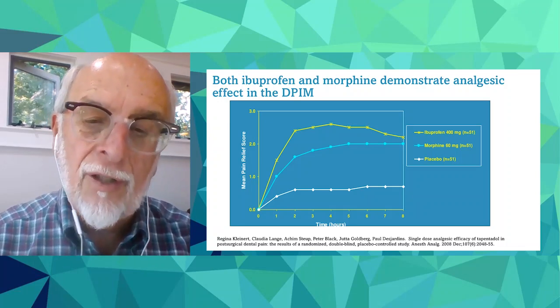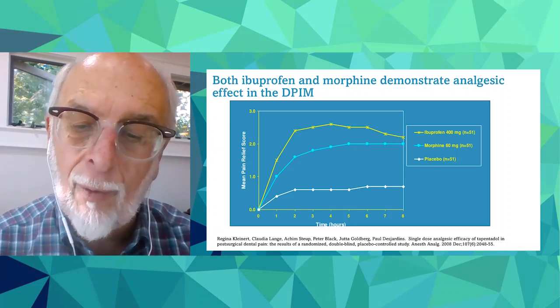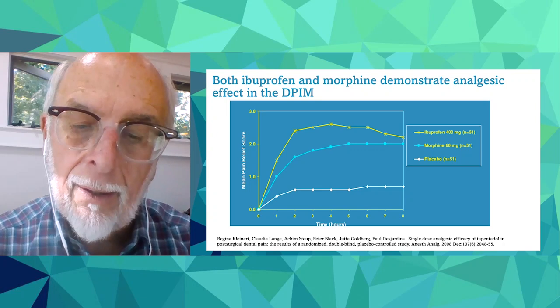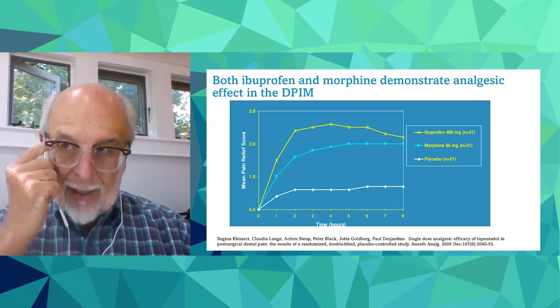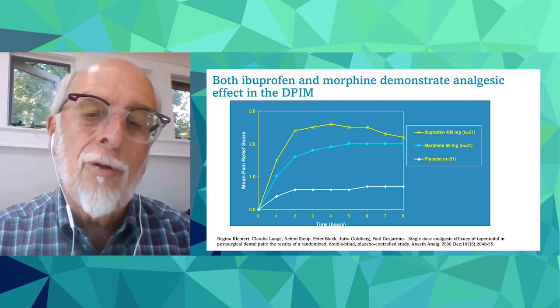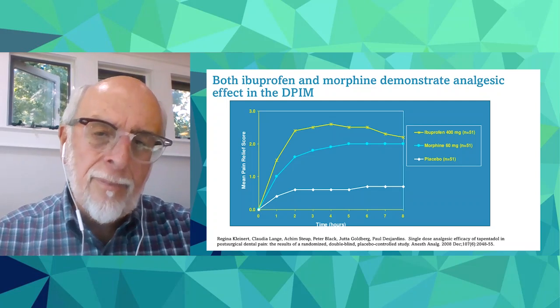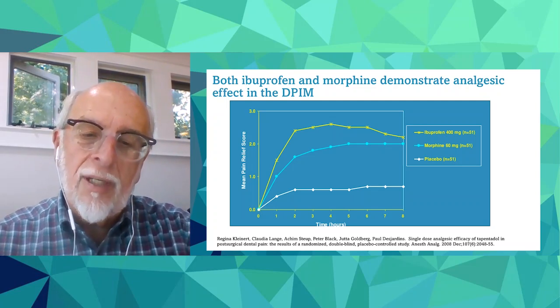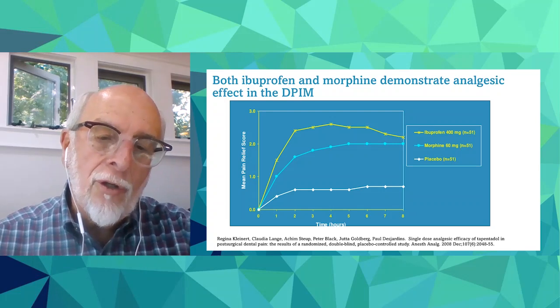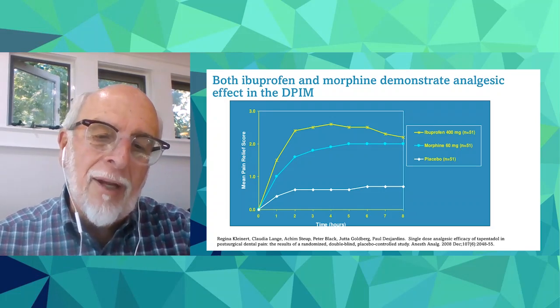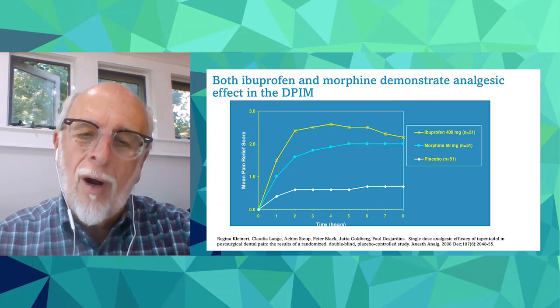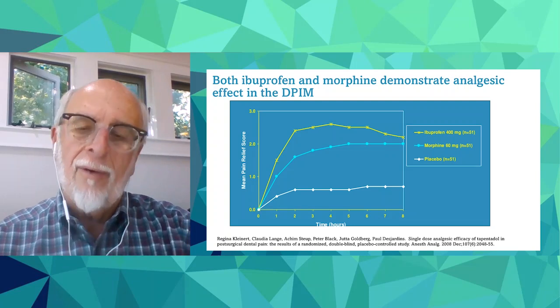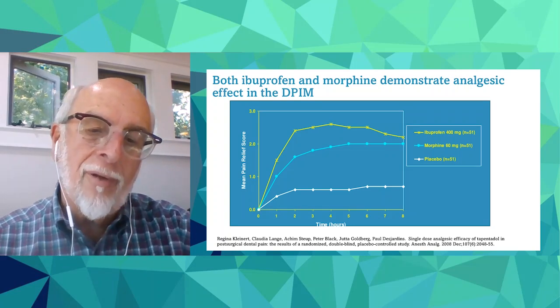This is data from a study that we published back in 2008. The study was actually performed in 2004 or 5. And we used as standards of comparison in this study placebo. Again, as I show you, placebo is fairly low on this pain relief scale, less than 1. So these patients would have a fair amount of pain postoperatively.